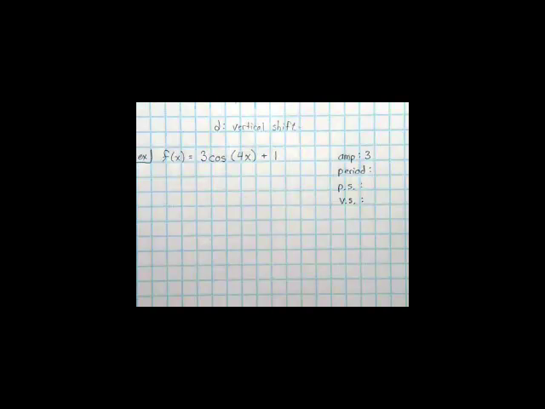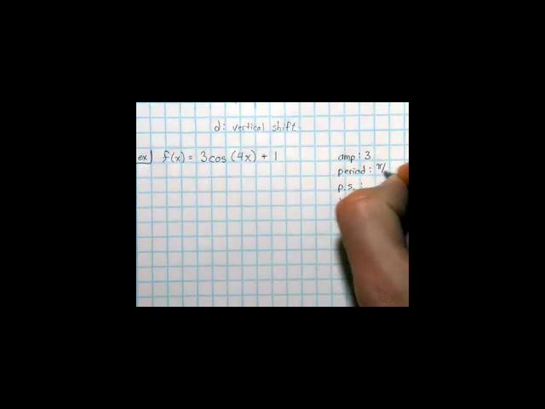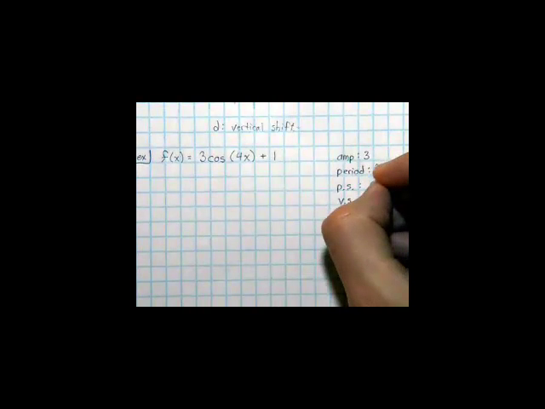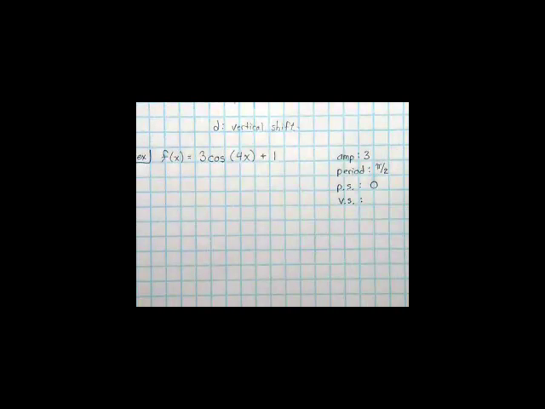Start with this. What's b in that equation? 4. b is 4, so what's the period? 2 pi over 4, which is 1/2 pi, or pi over 2, however you want to say it. So our period is pi over 2. Phase shift? None, so 0. And my vertical shift? 1.